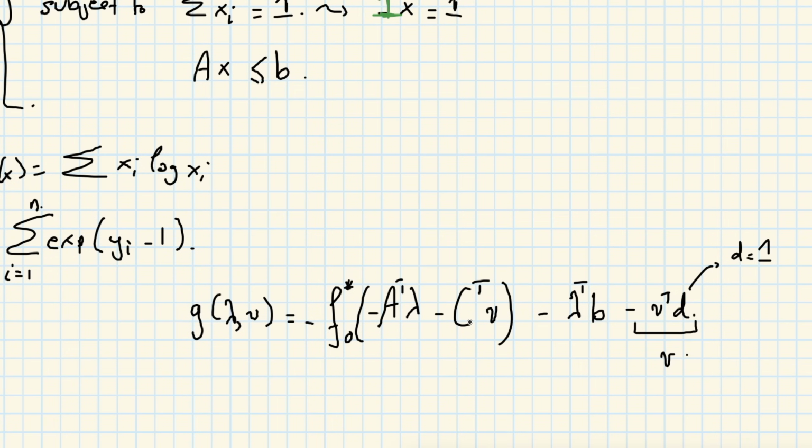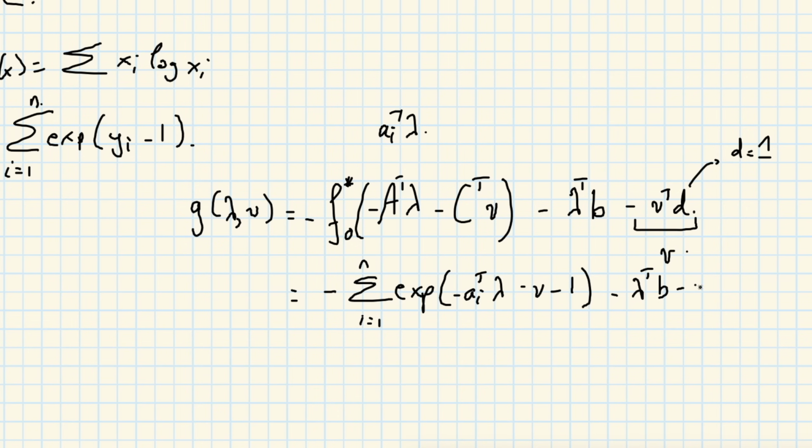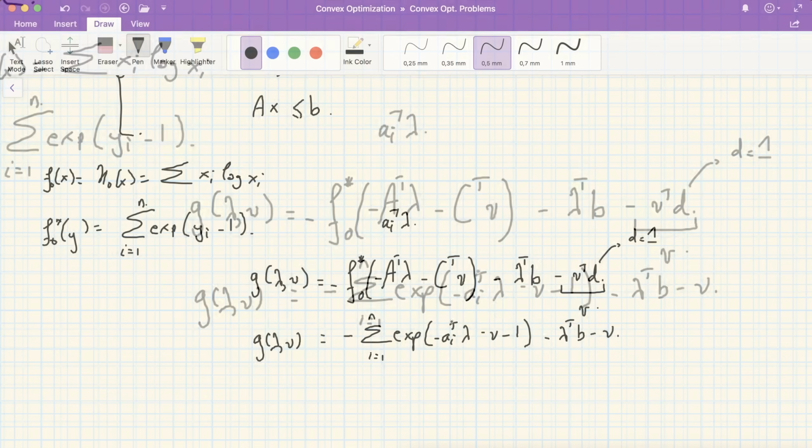Your C right here is a 1, and your A transpose lambda is an Ai transpose lambda, because it's decomposed as such. Finally, you're going to get a minus summation of exponentials of minus Ai transpose lambda minus nu minus 1, minus lambda transpose B minus nu. This is your dual without having to pass through the Lagrangian.